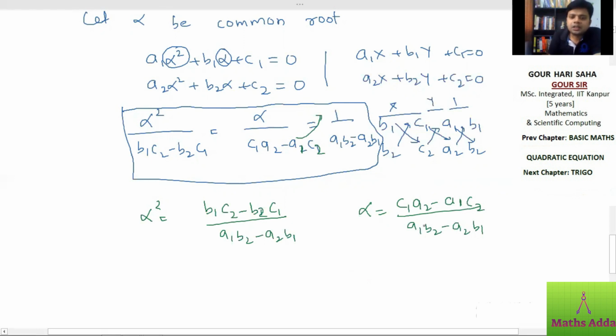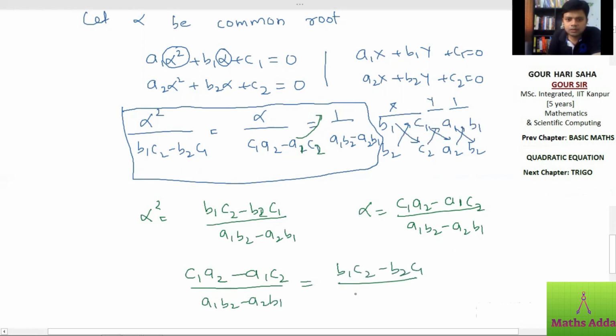Now what I see, alpha is this, alpha square is this. This means this square is equal to this one, right? So write it. This is the answer. (c1 a2 minus a1 c2) divided by (a1 b2 minus a2 b1) is equal to (b1 c2 minus b2 c1) by (a1 b2 minus a2 b1). Here this will be squared, right?